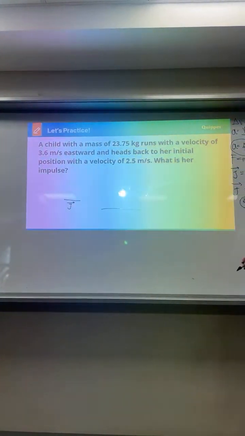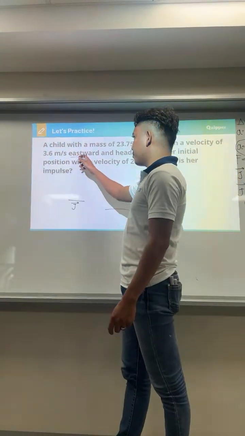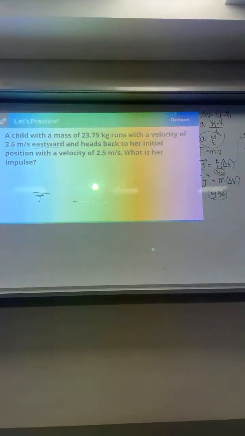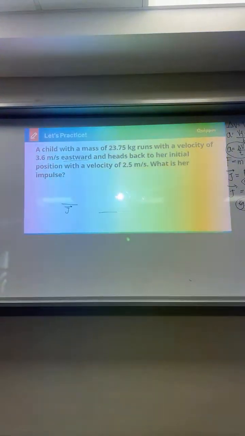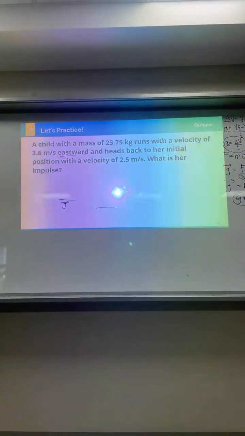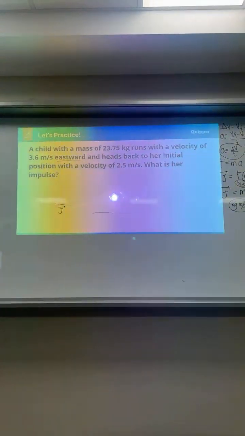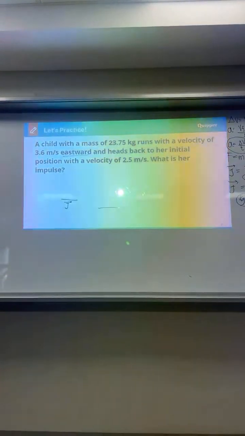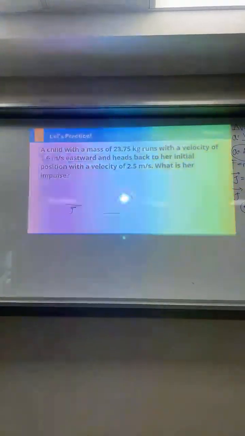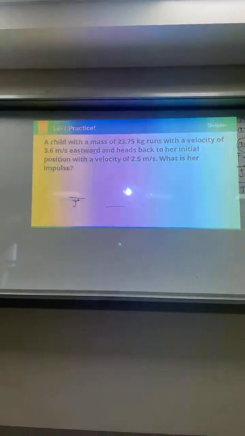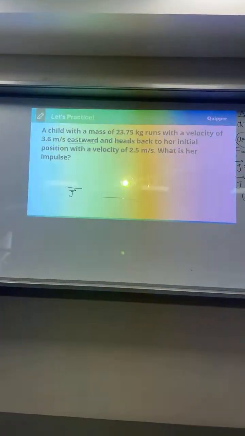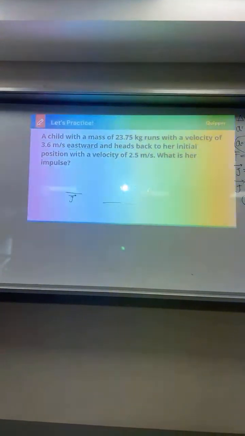You must consider the direction and heads back. So, babalik siya. Papunta siya ng east, pero babalik siya, so west, opposite direction. Heads back to her initial position with a velocity of 2.5 meter per second. The question, what is her impulse?